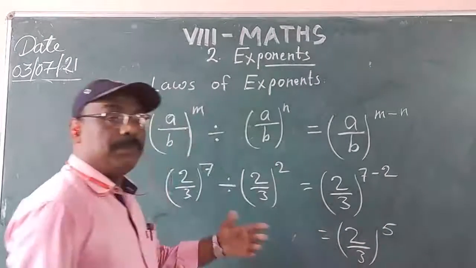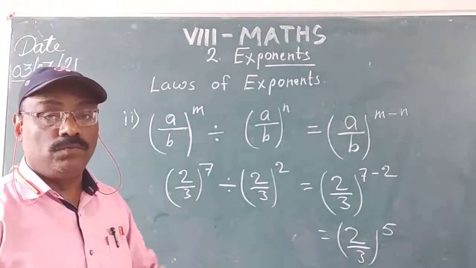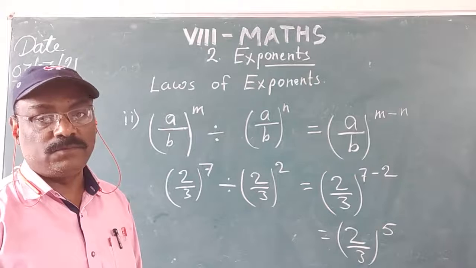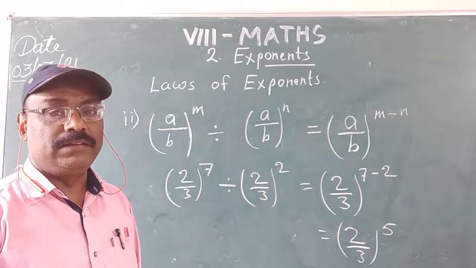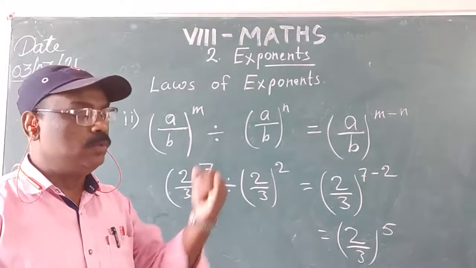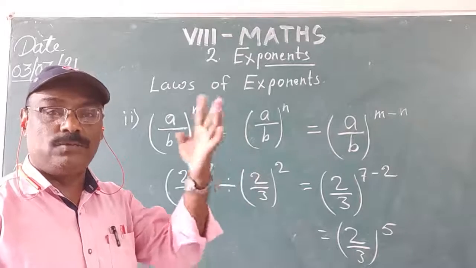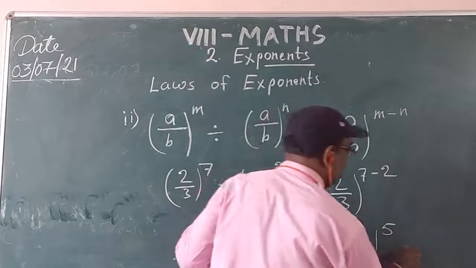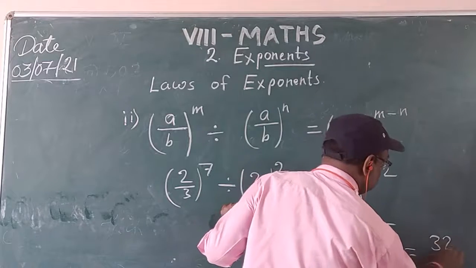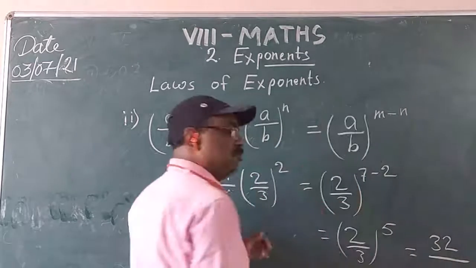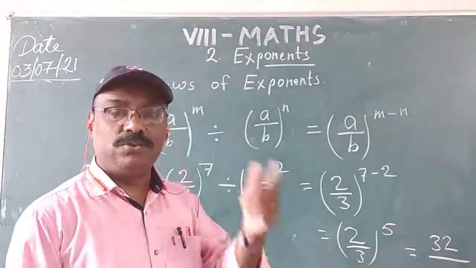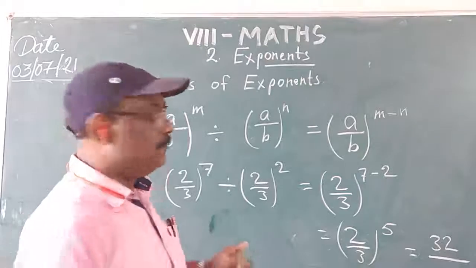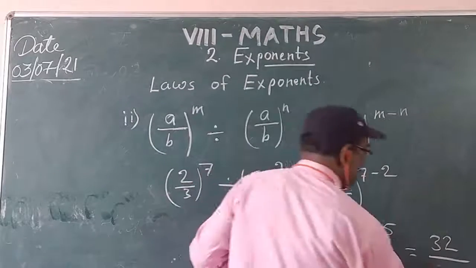Then I need to multiply 2 into 2 into 2 into 2, 5 times, and 3 into 3 into 3, 5 times. So 2 into 2 is 4, 4 twos are 8, 8 twos are 16, 16 twos are 32. So we will get 32 by 3 into 3. 3 threes are 9, 9 threes are 27, 27 into 3 is 81, 81 into 3 we will get 243.